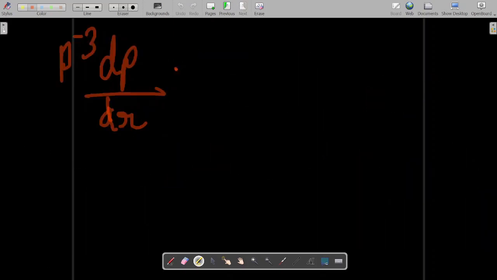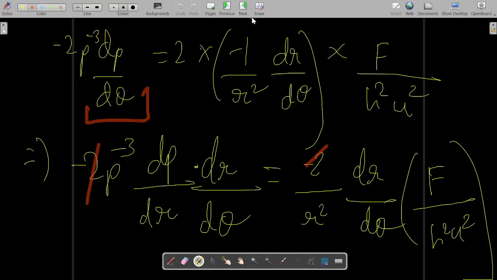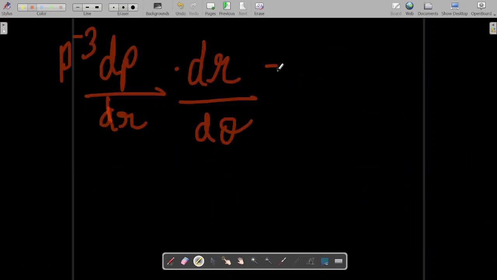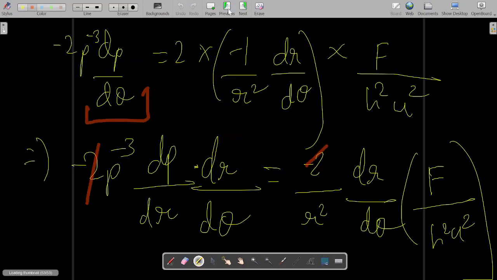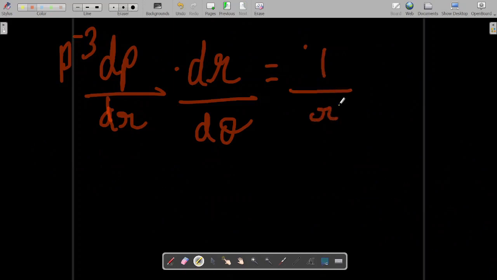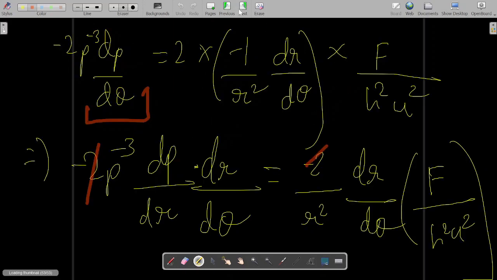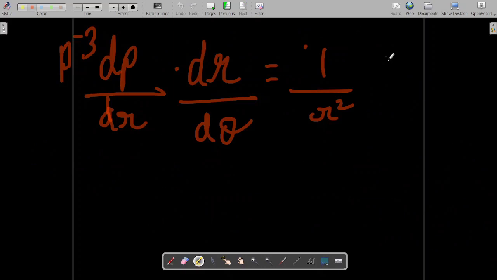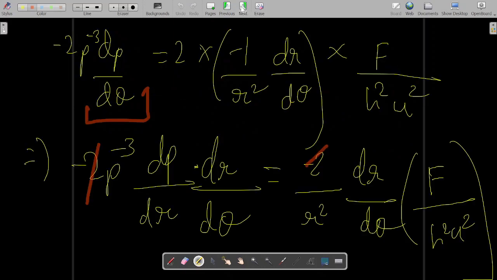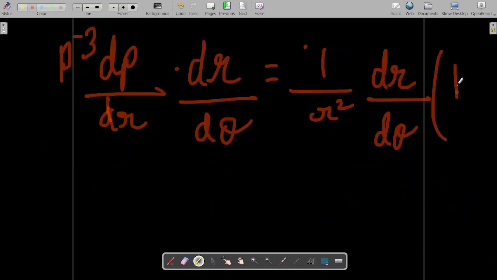into dr by d theta is equal to 1 by r square dr by d theta f by h square u square.